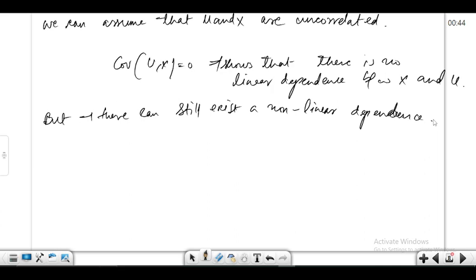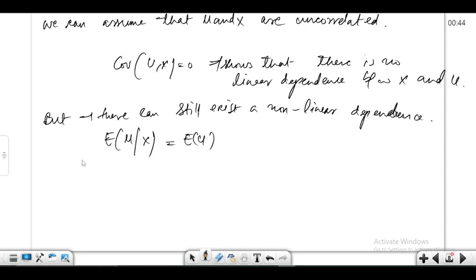So what is the solution that we have? Instead of assuming the covariance between u and x equal to 0, we can assume that the expected value of u given a value of x is equal to the expected value of u. So the expected value of u given a value of x from the population is equal to the average value of u for the entire population.